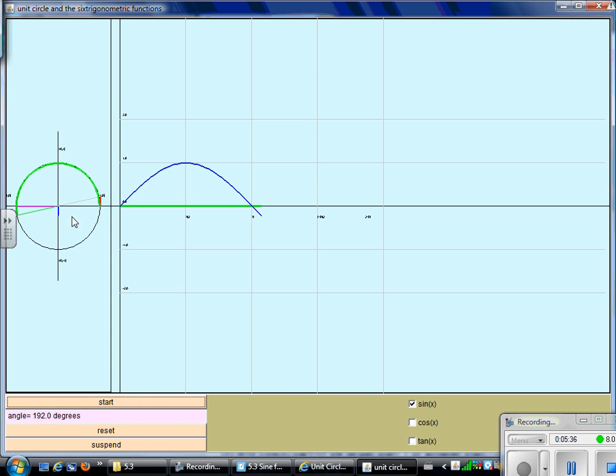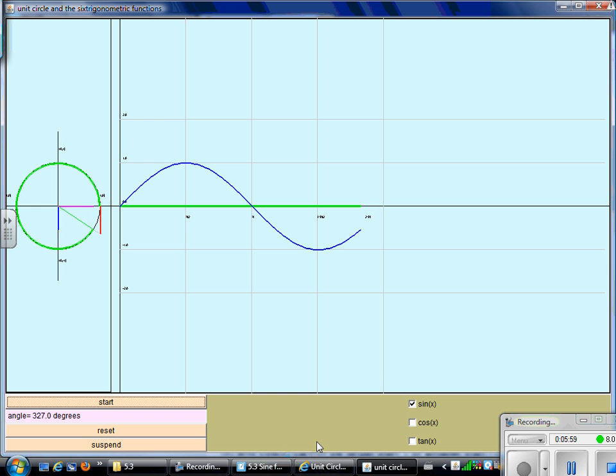And now we have negative values for theta between 180 and 360. Our lowest point is going to happen at 270 degrees. Notice it goes back down to 270, and then it starts going back up again closer to 0. Okay, so you can play around with that yourself if you want.